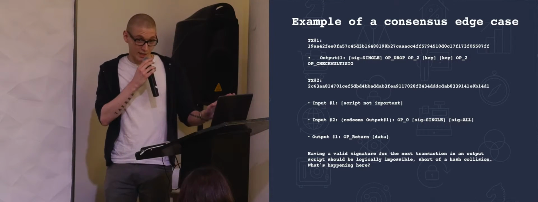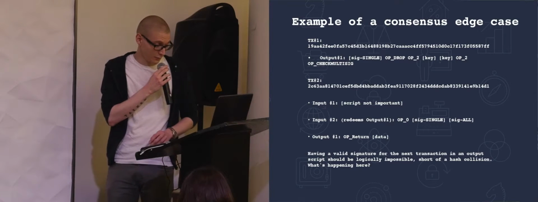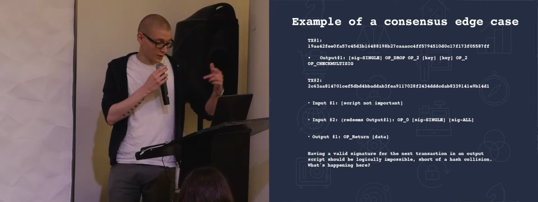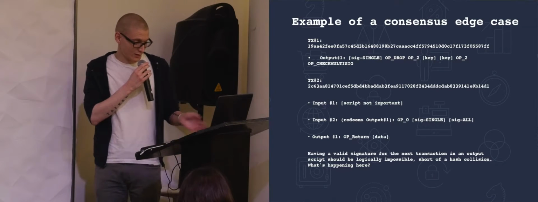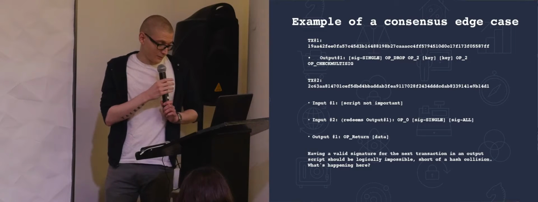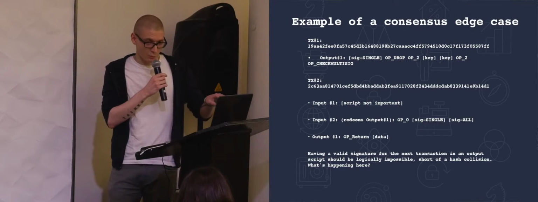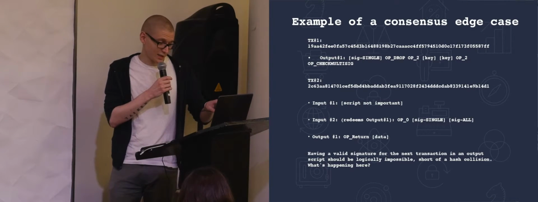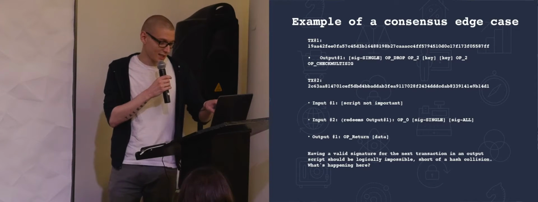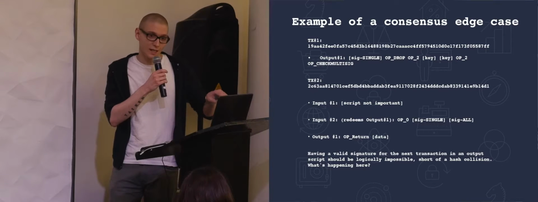And then the transaction that redeems from it, transaction 2, input 2 is redeeming from output 1 of transaction 1. And that just looks like a regular multi-sig input. But if we go back and look at output 1 from transaction 1, we notice that there's a signature in it. And if you look at it closely, that signature is actually valid.